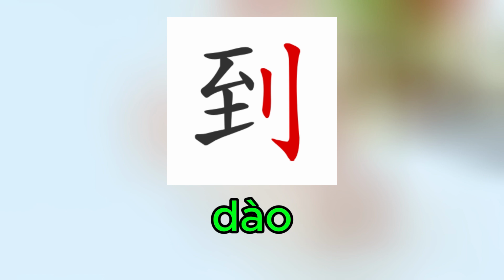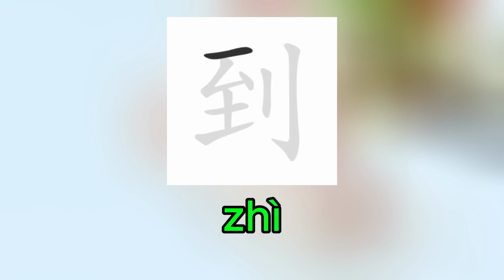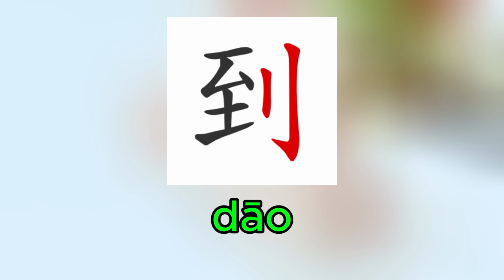First, 到. Look at the character. Can you see it's made of two main parts? On the left, 至, by itself means to arrive, or the utmost. On the right, 刀, the knife radical, often relates to cutting or actions.